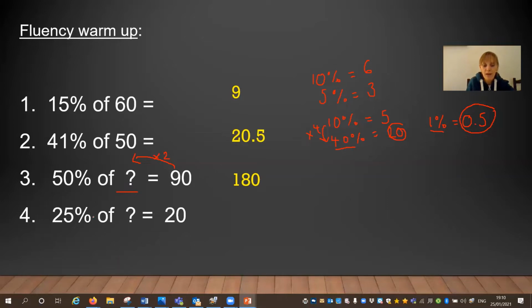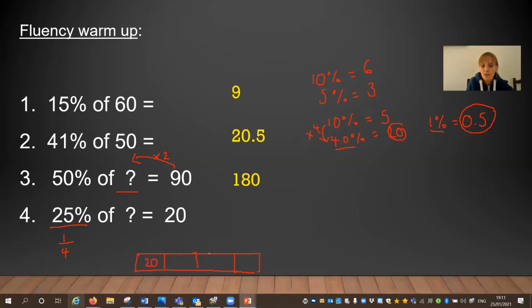Now, in a similar way, how can I use the inverse to help me here? Now, whenever I see 25%, in my mind, I instantly think of a quarter. Now, that means 25% or a quarter of something is 20. I find this one much easier to look at using a bar model, because what this means is that a whole number which we don't yet know has been split into quarters, and we know that 1/4 of this bar model is worth 20.